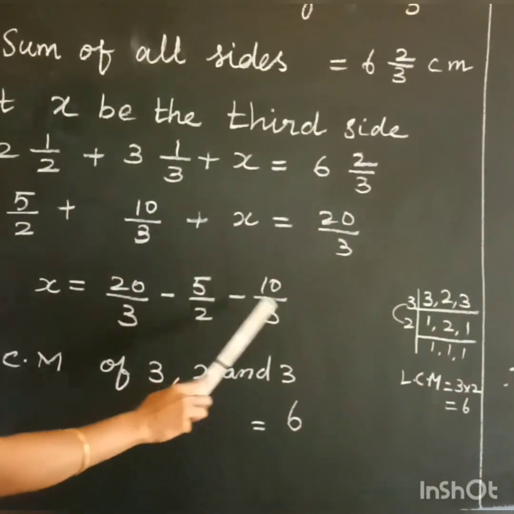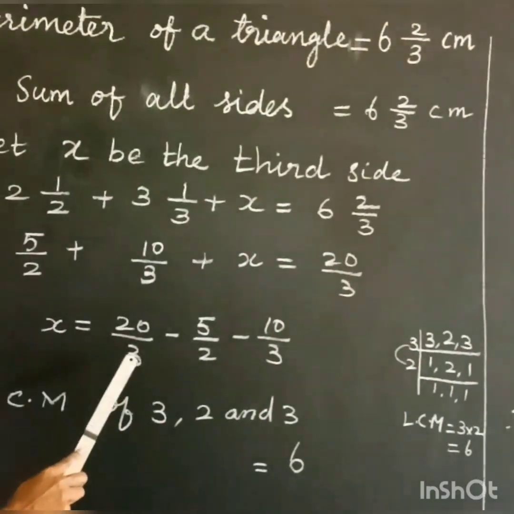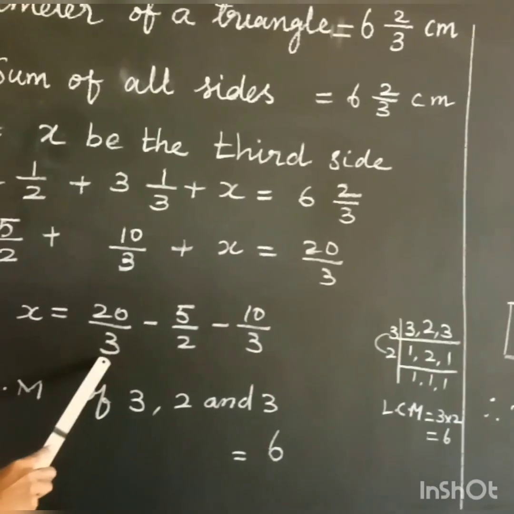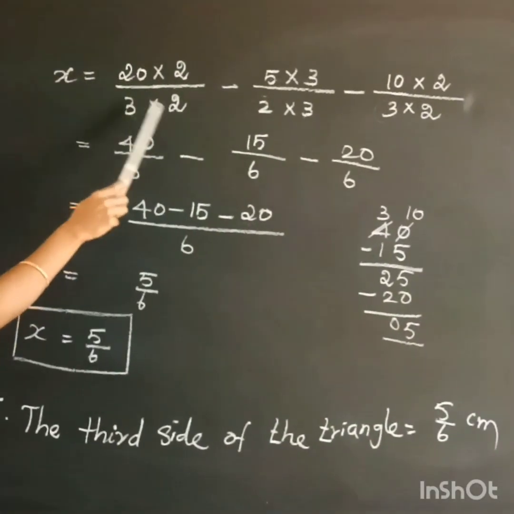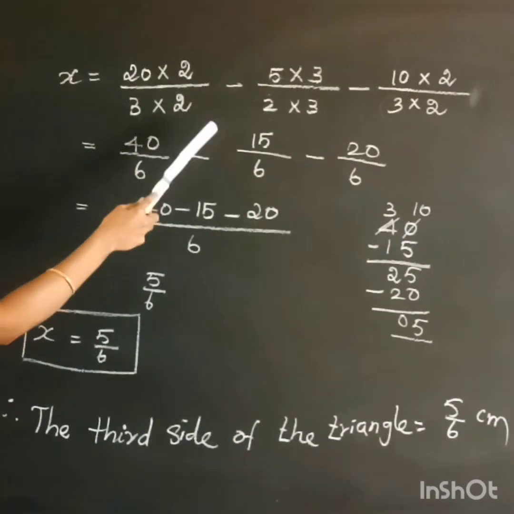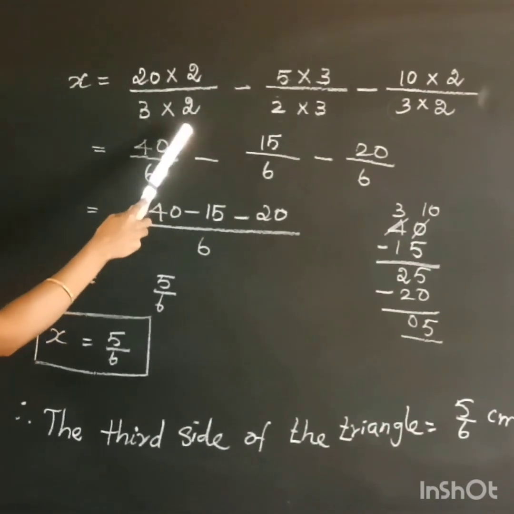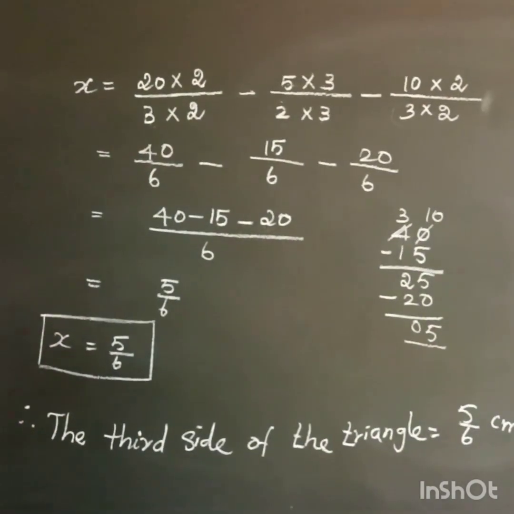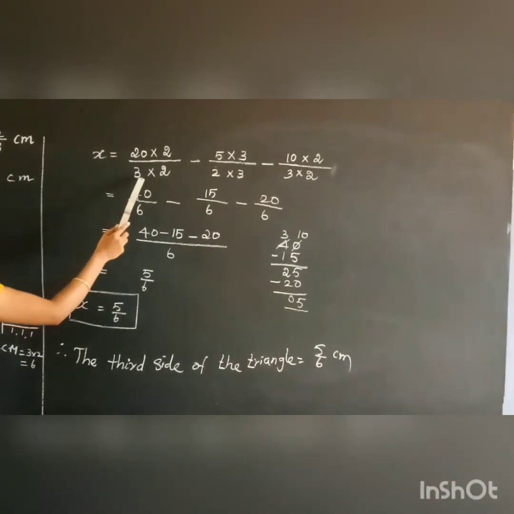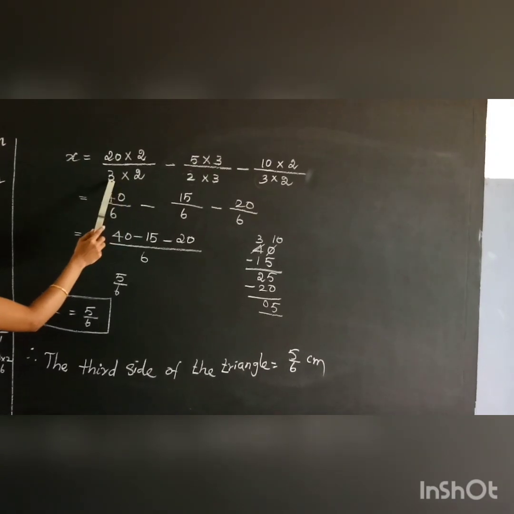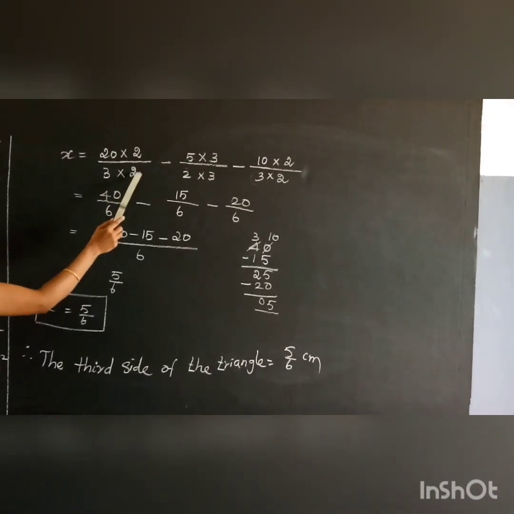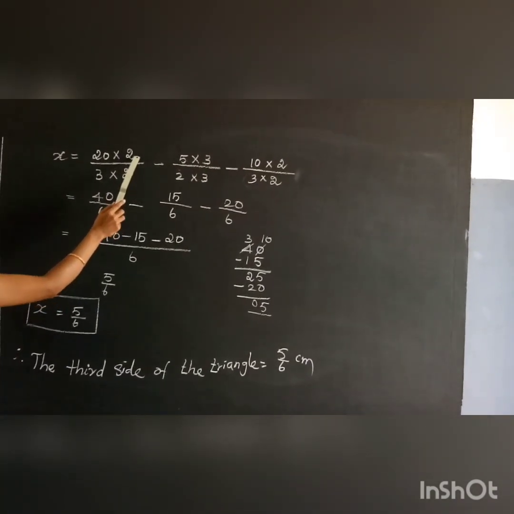And then we have to change the denominator to 6, since the denominators are not the same. See the denominator, we have to change it to 6, isn't it? So in the 3 table, 2 times, the same number you multiply by the numerator also.